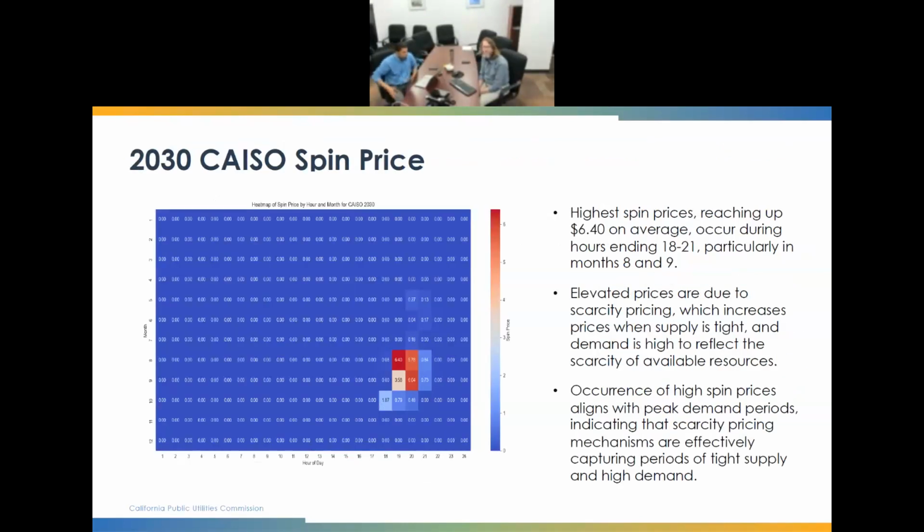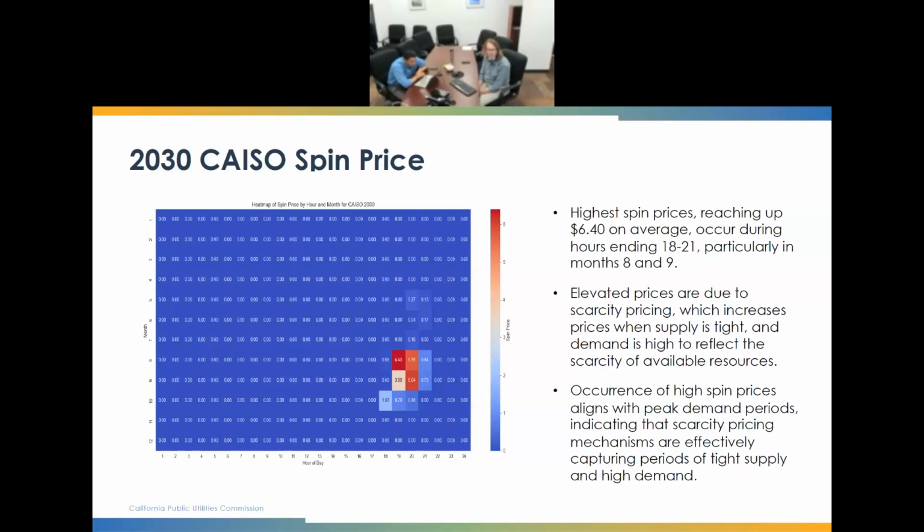The next slide is showing a heat map of the spin price for 2030, and the average spin price is $6.40. That happened in hours 16 to 21, particularly in August and July.